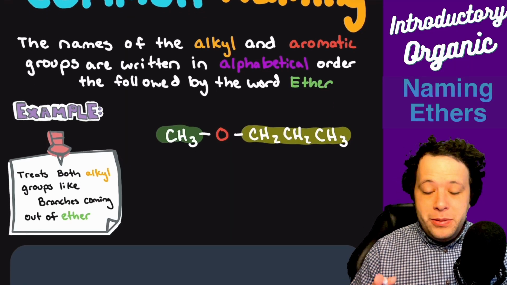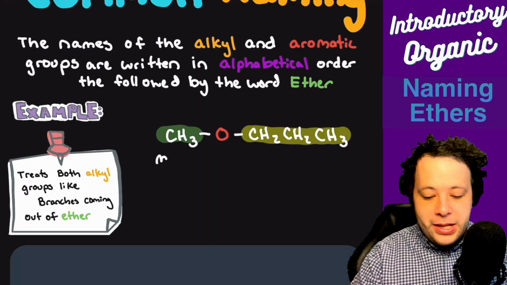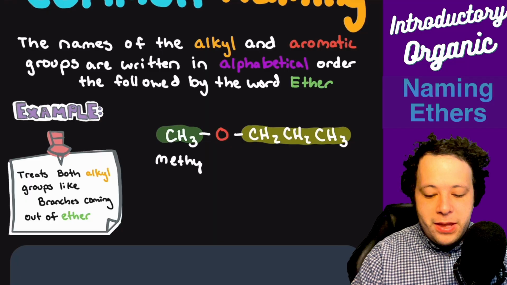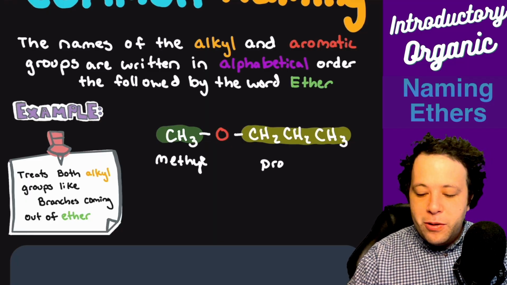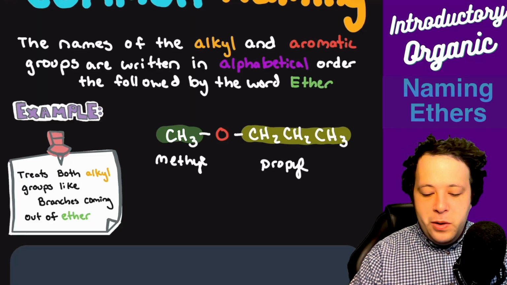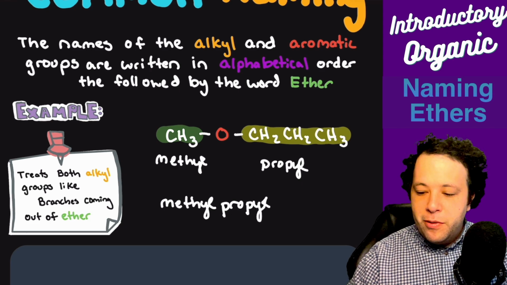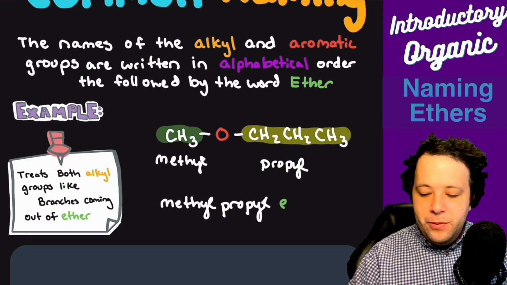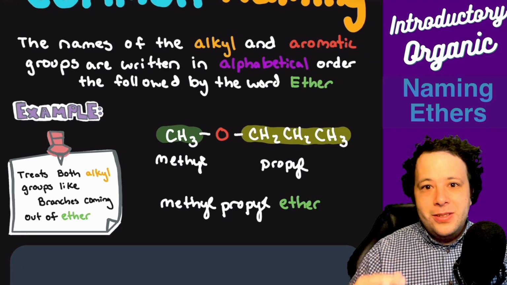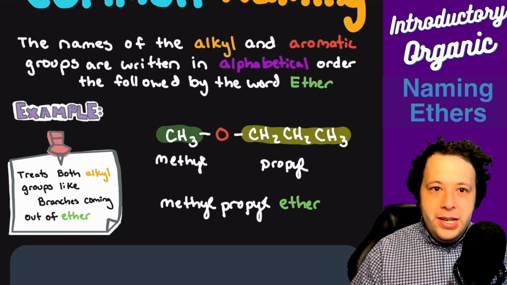For example, we have methyl on the left and propyl on the right. When we write out the entire name, alphabetically M comes before P. So it'd be methyl propyl, and then we end it with the word ether. In this situation, it would be methyl propyl ether.